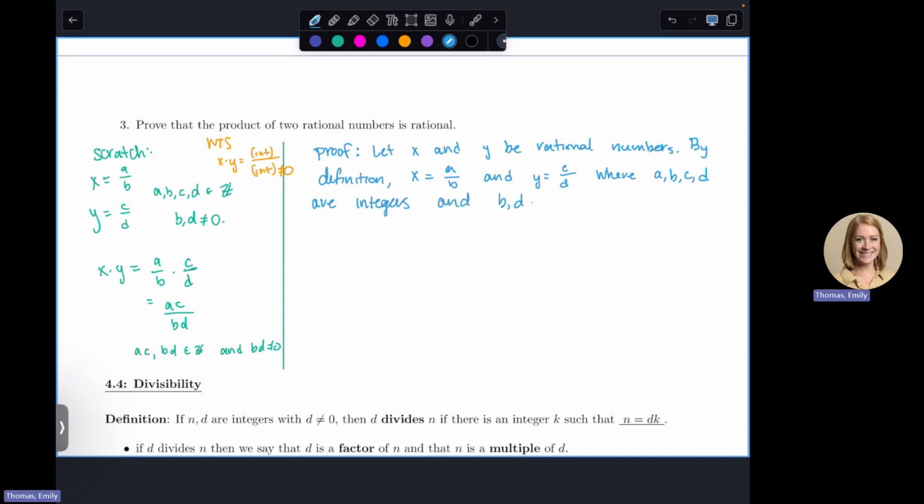B or D, right. That one's got a comma. Yep. Okay. Notice X times Y equals A over B times C over D.